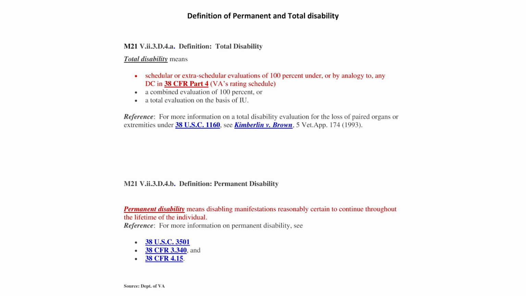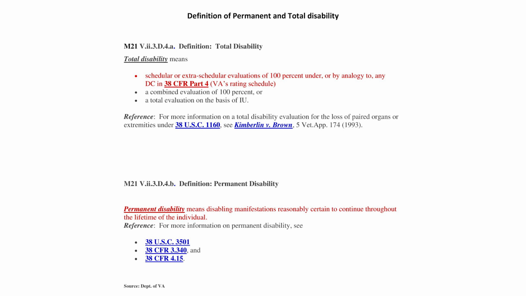So you'll have that. And also, for permanent disability, there are other 38 CFRs that talk about this. In my other videos, I refer to the M21 first because it's easy to find a court case that pertains to the topic. So you have the definition for total, and there's a court case for that.